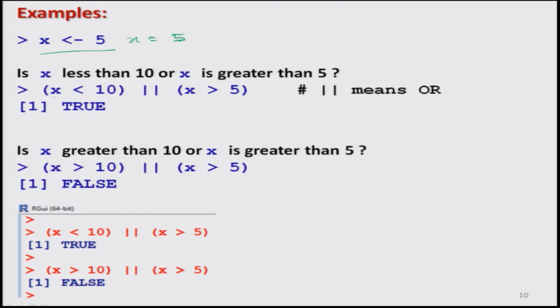So, I can write x less than 10, and this symbol here, the 2 bars, indicates the statement or, x is greater than 5.